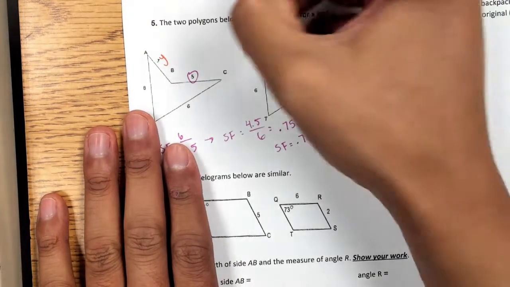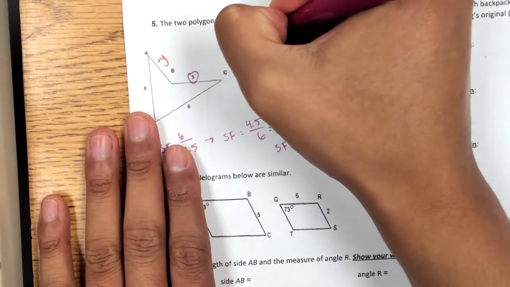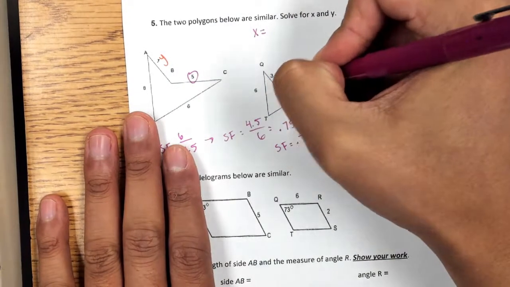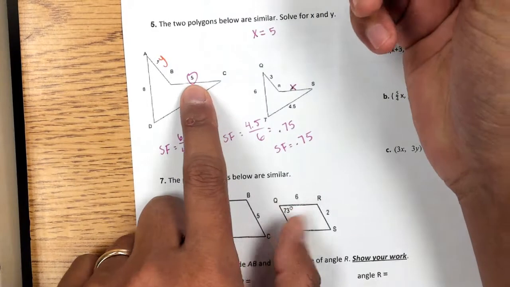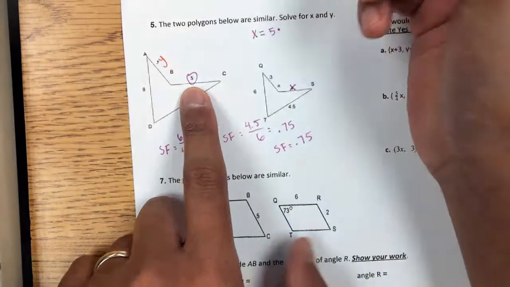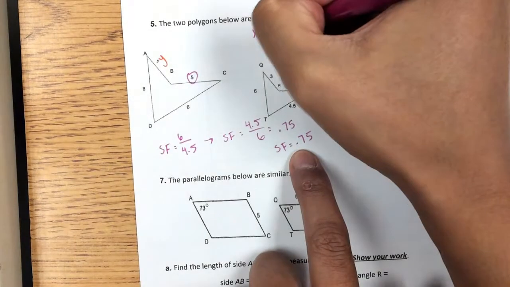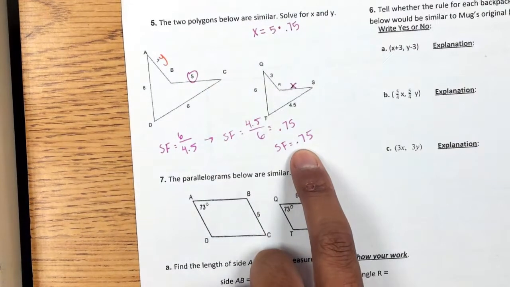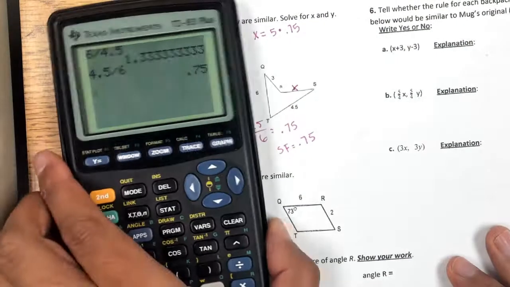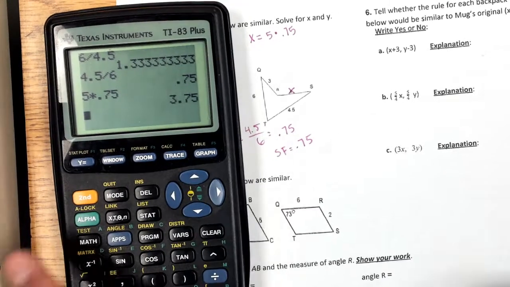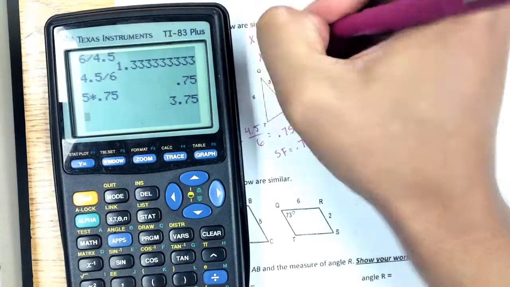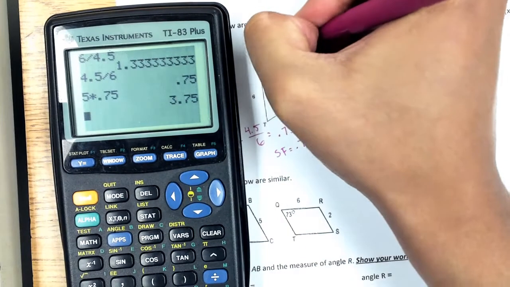So in order to find x, so x is equal to, right, this length over here is equal to 5, which is my corresponding side, times my scale factor, which we said was 0.75. And we're going to type that into our calculator here. 5 times 0.75 is equal to 3.75.